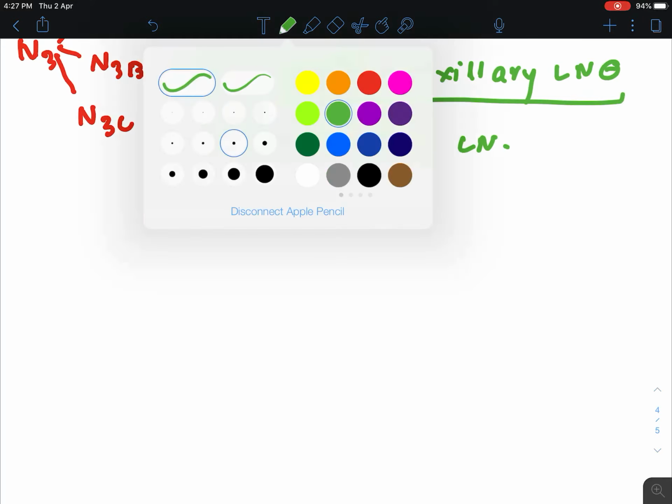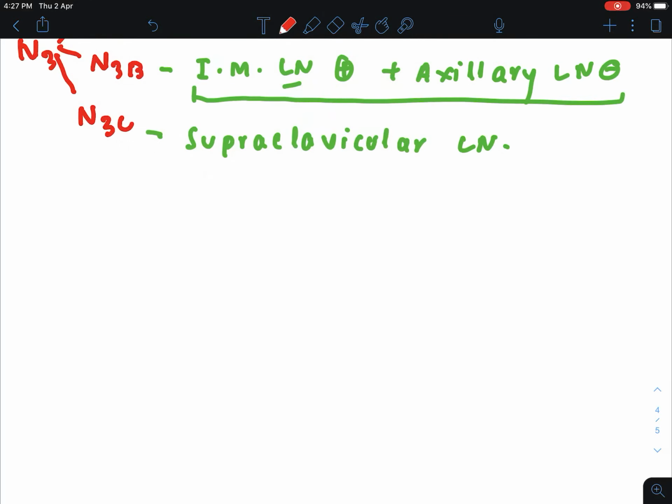But if contralateral lymph node is involved, then it means that metastasis is present. It is a metastatic disease.